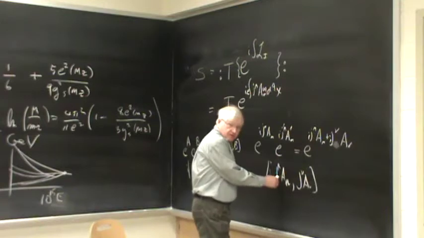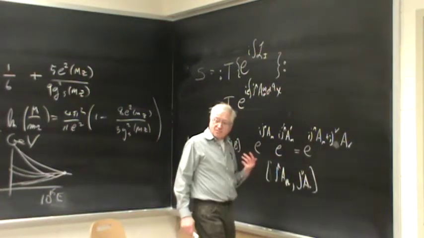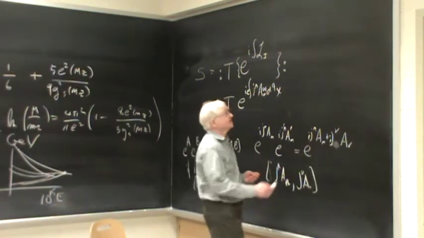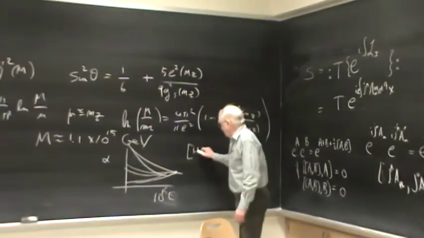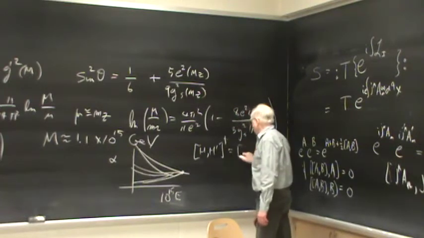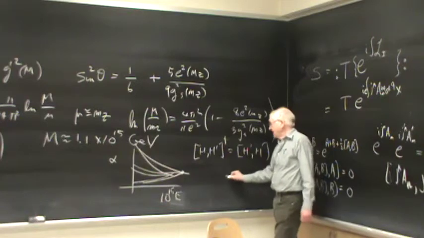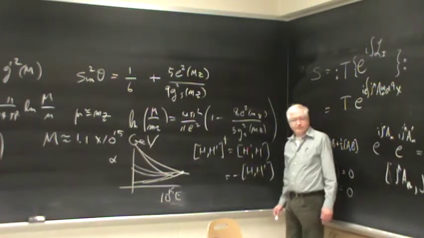This is Hermitian, and that's Hermitian. And so the commutator of two Hermitian operators is anti-Hermitian. In other words, the adjoint of the commutator of H with H prime is the commutator of H prime with H, because each is Hermitian, and that's minus the commutator.